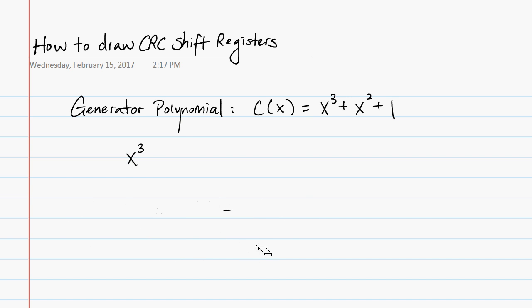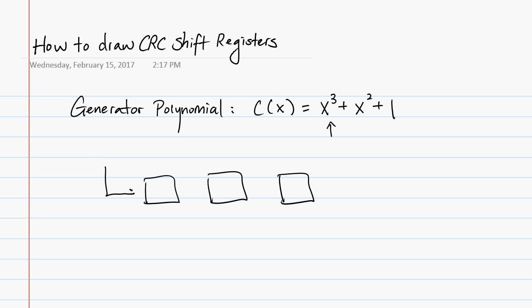The first rule of drawing a CRC shift register is first knowing the highest degree of your generator polynomial. In this case, we have a 3, so that means we draw 3 boxes at the beginning, because we'll have 3 digits as our remainder. And second, you always have to know that the message comes in from the left.